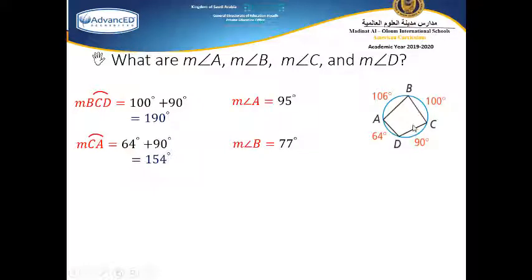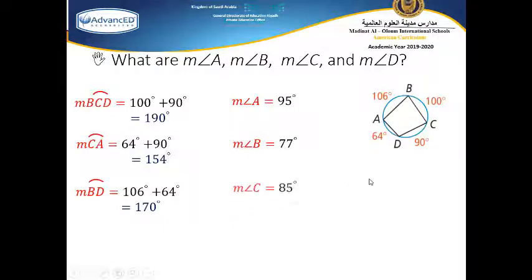The same for the measure of angle C. To find the measure of angle C, look at the intercepted arc DB. The intercepted arc DB here equals the sum of the two arcs, 64 plus 106, equals 170. Then the measure of angle C, the inscribed angle, equals half the measure of the intercepted arc 170.